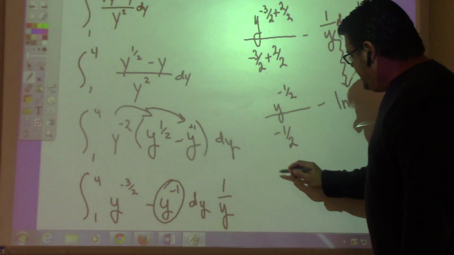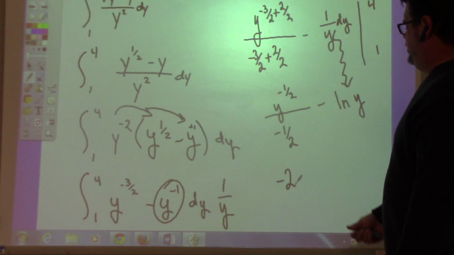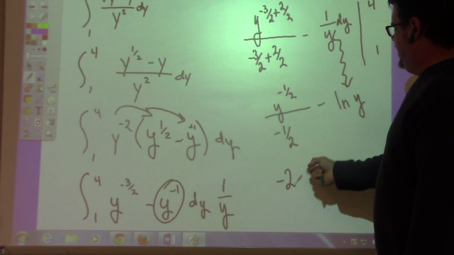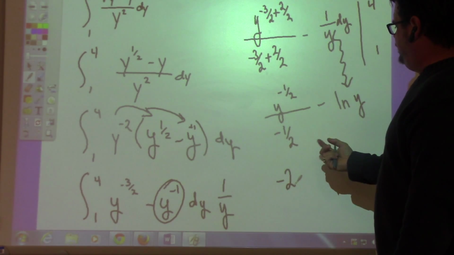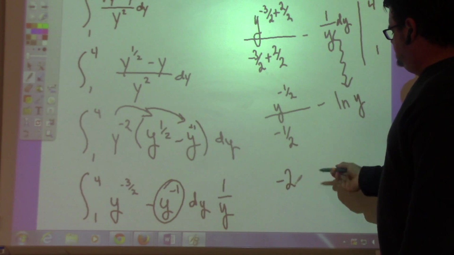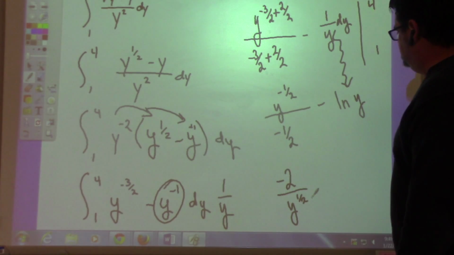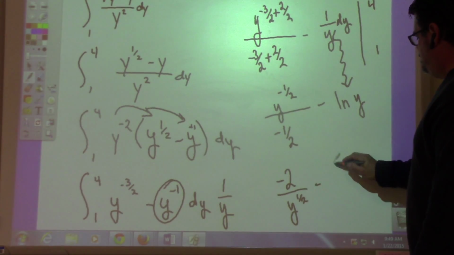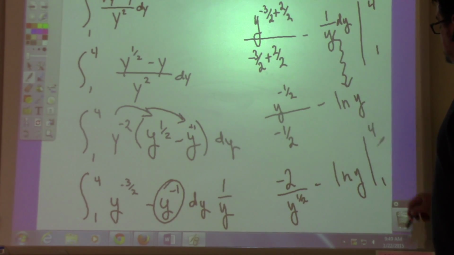And that'll be -2. Actually, what would be best is if you brought that downstairs, right? So that'd be -2 over y to the 1/2. Does that sound good? Or the square root of y minus the natural log of y evaluated at 1 and 4.